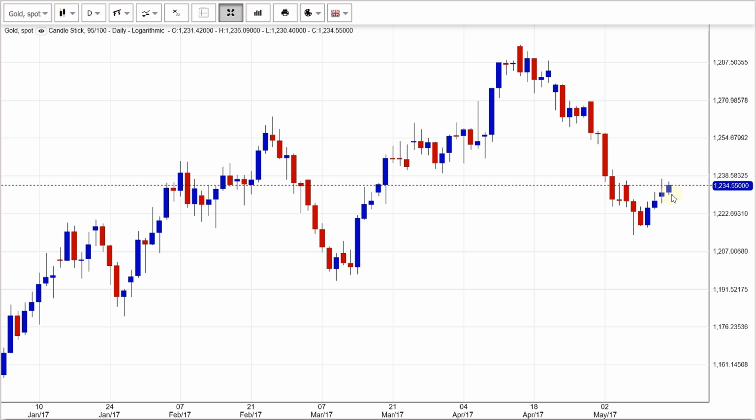But you have these 4 up sessions in a row, and it's looking pretty good right now, and that's the target I would expect it to go to, is that of 1244 on a break of this resistance. Now it could easily pull back a little bit, come back to 1225, and then come back, break this level, and then go to that point, but that's the next key level.